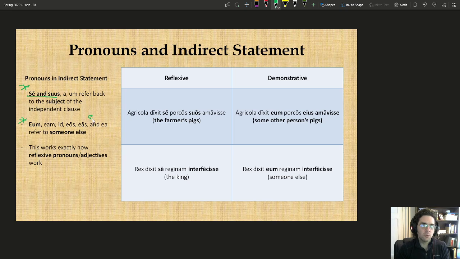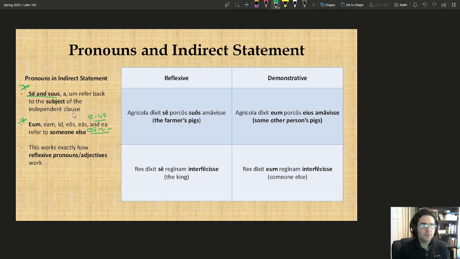When it's referring to possession, this is one of our main rules: when you have eius or eorum, it refers back to someone else. But when you have suus or one of its forms, it refers back to the main subject.